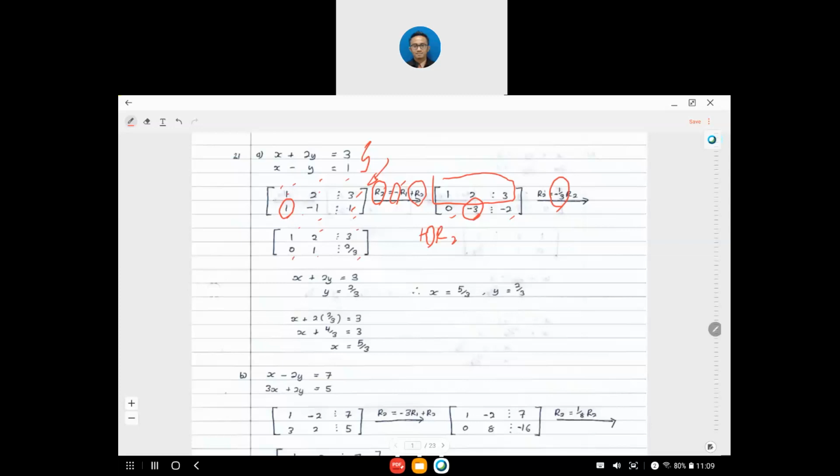Okay, and then what is your answer? Your answer for y: because there is back substitution, you get the back first, whereby y equals 2/3. And then solving the linear system, you get x equal to 5/3.